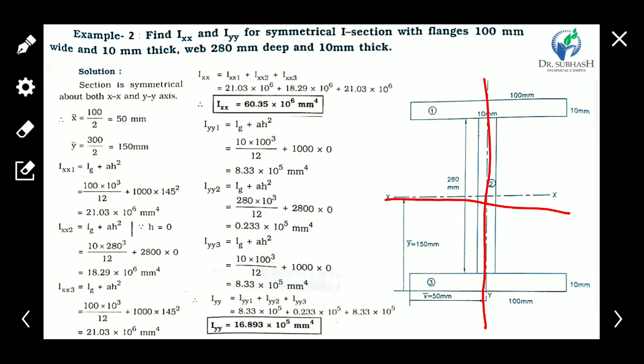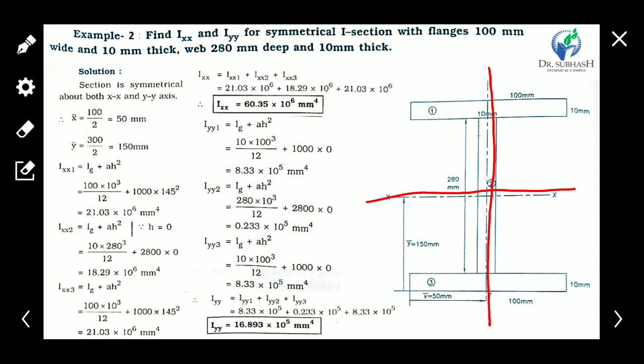To find the CG, we first see whether the section is symmetrical or not. The section is symmetrical about both axes, so we can directly find the CG: the x bar and y bar values are half of the total x and y dimensions.